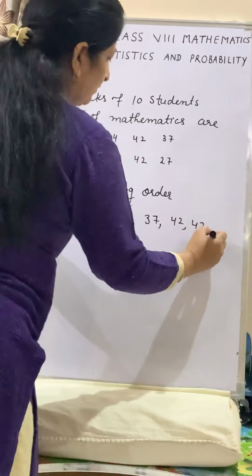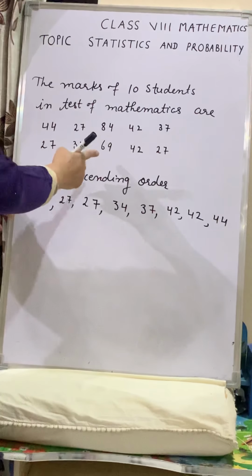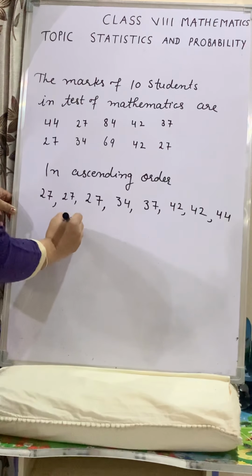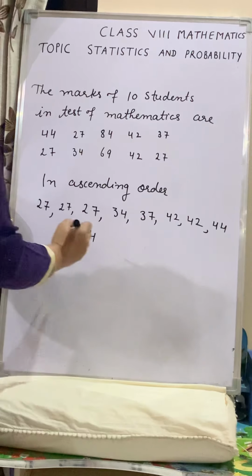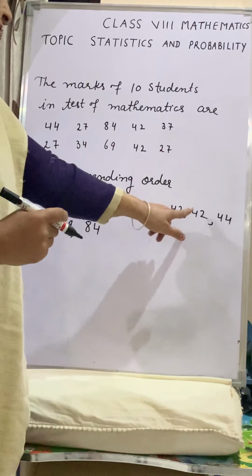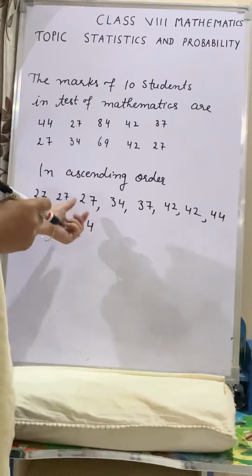Next 44, one time. Next is 69 and last is 84. Count: are these 10 or not? 1, 2, 3, 4, 5, 6, 7, 8, 9, 10. It means our ascending order is right.